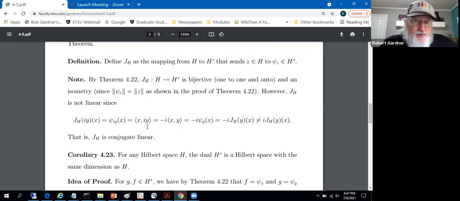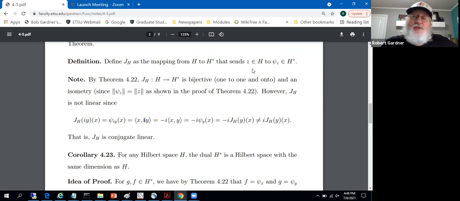but in Prugovečki's definitions, we have conjugate linearity in the second entry. So we'll bring that out front as a negative i. So take the scalar i out as a negative i, conjugate linearity in the second position. Now we've got an inner product of x with y. Well, that is psi sub y, the way the psi sub y functionals were defined. Psi sub y as a mapping is J sub H of y.